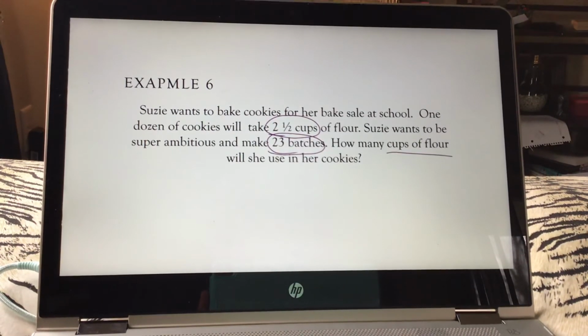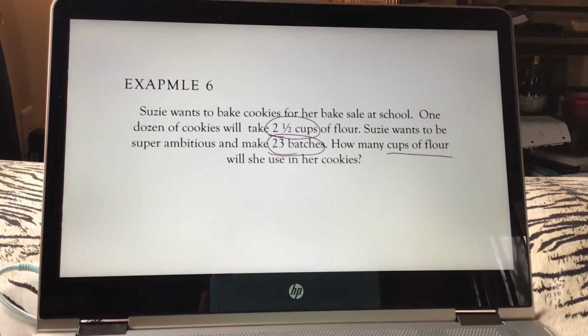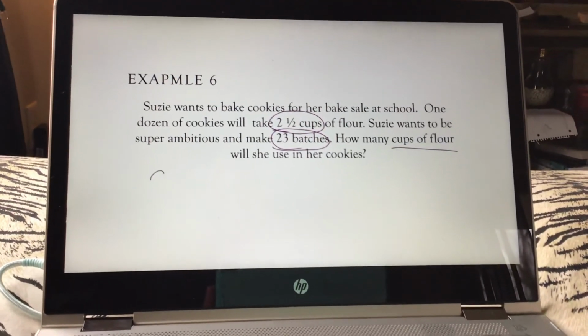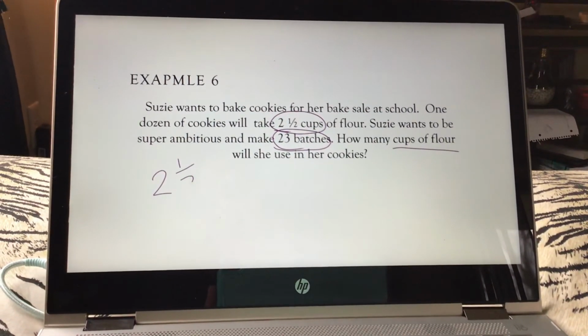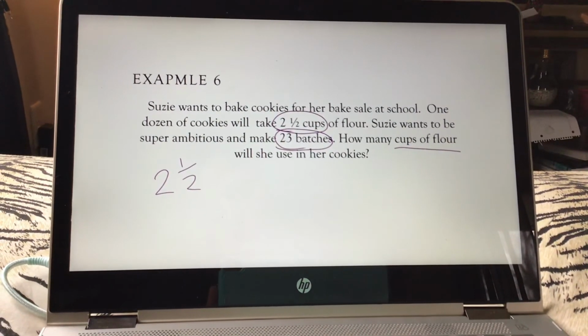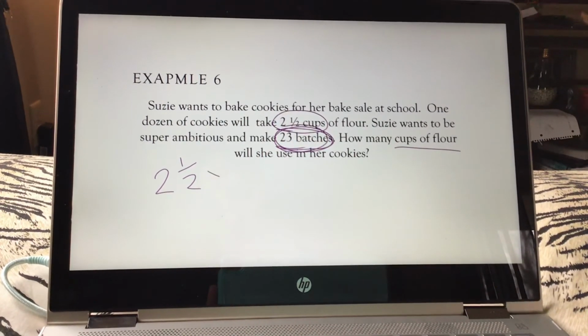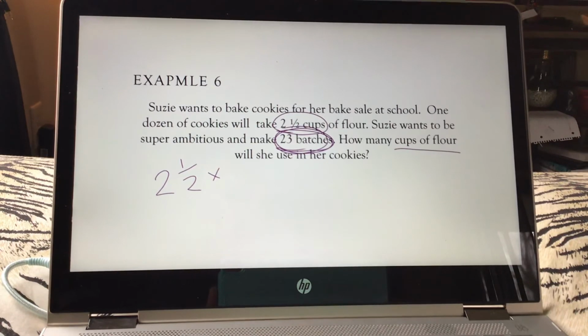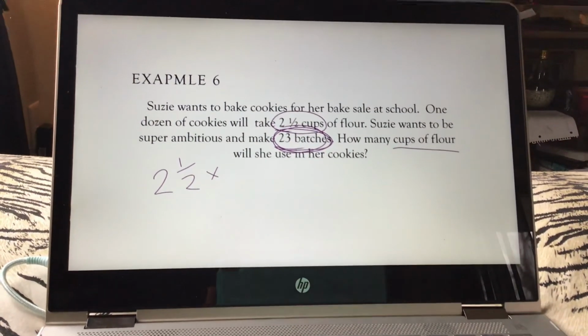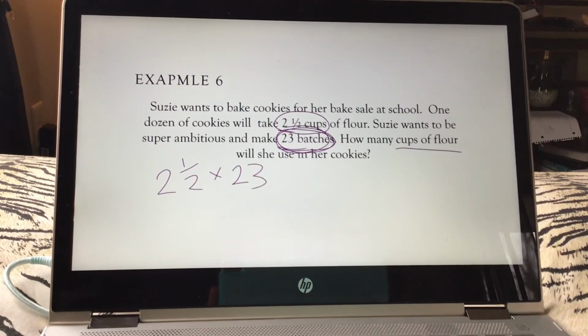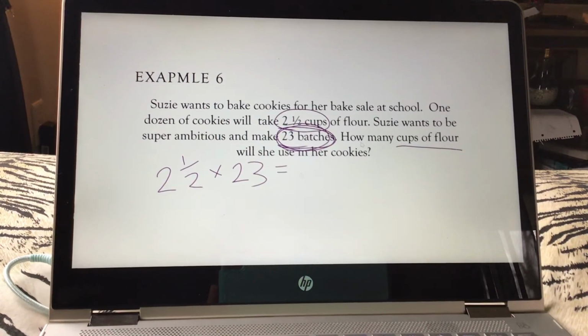How many cups of flour will she use in her cookies? Well, she knows she needs 2.5 if she made 1 batch. But how many batches does she want? 23. We need to multiply because we need 23 times that. So 23. What would be our first step in this problem?